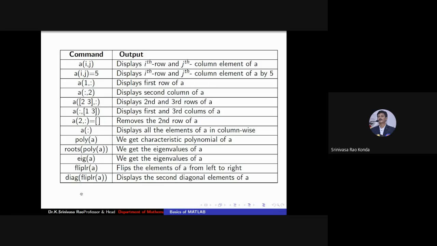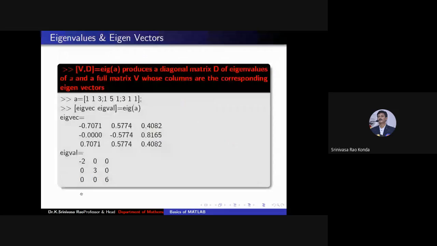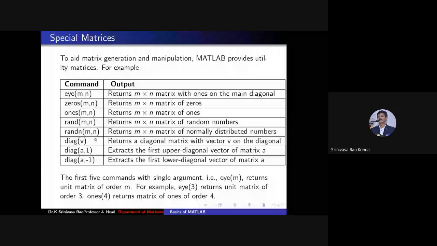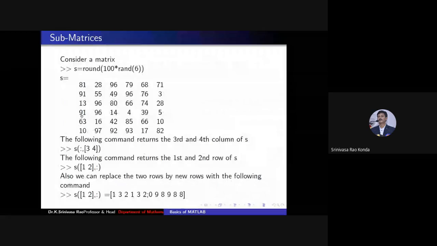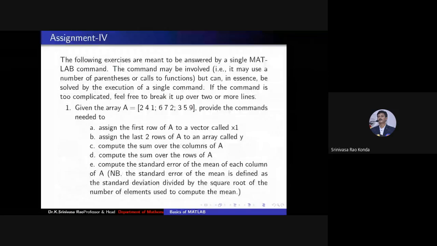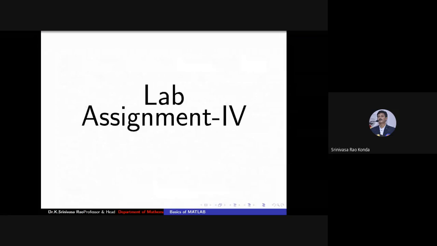It displays the second diagonal elements. So all these things I told them. eye of n, identity matrix, zeros, ones, random, diagonal elements, submatrices, reshaping. Yes, that's it. So now I will go to the basics of matrix.